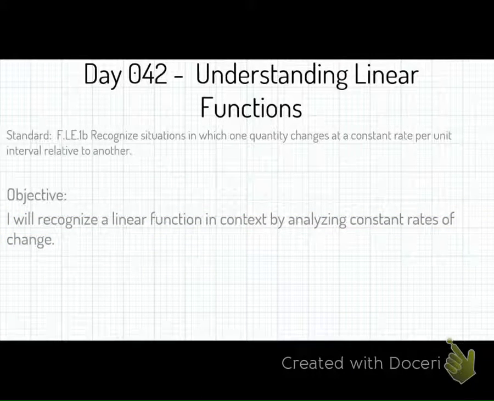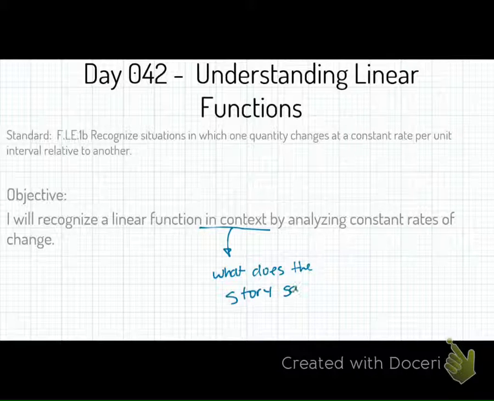When you say in context, it means what does the story say? Let's write that down in our notes. Sometimes math gives us a bunch of numbers, and we need to know what the story says to understand it.